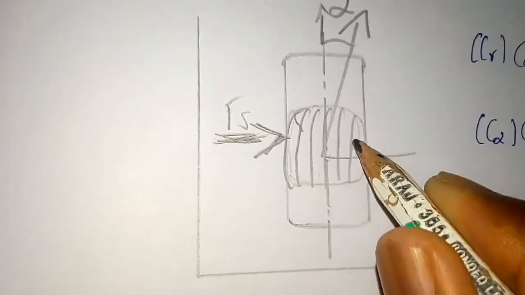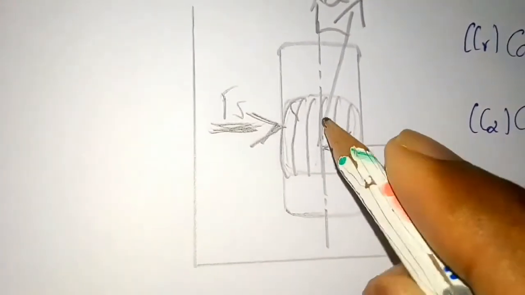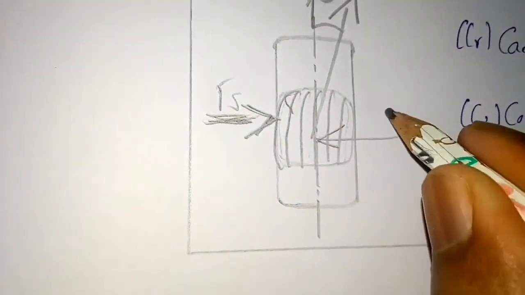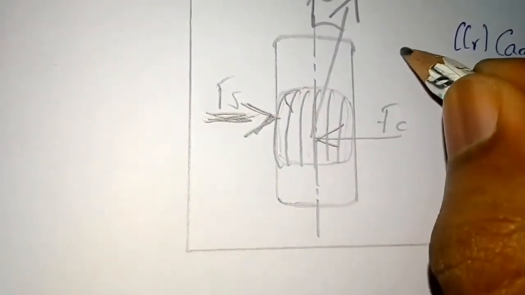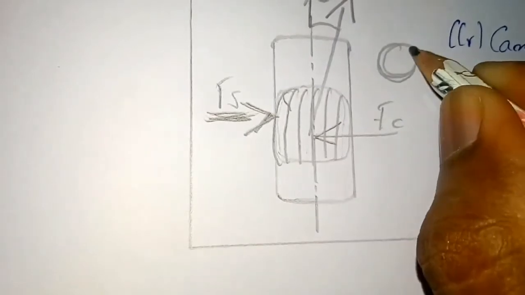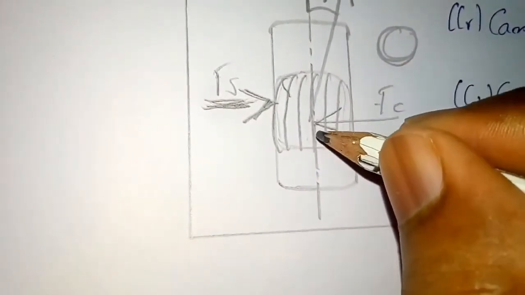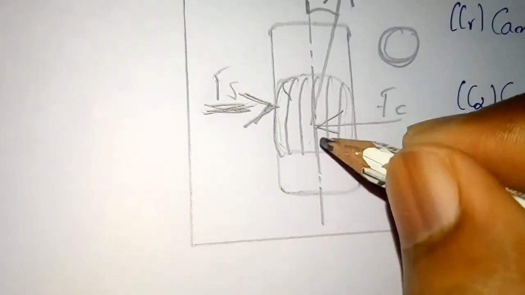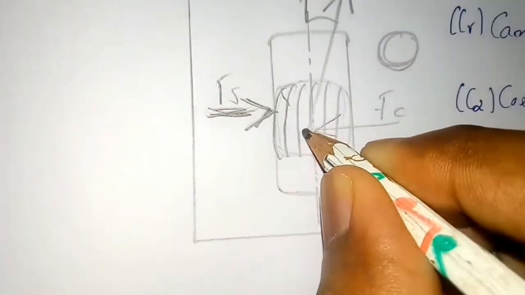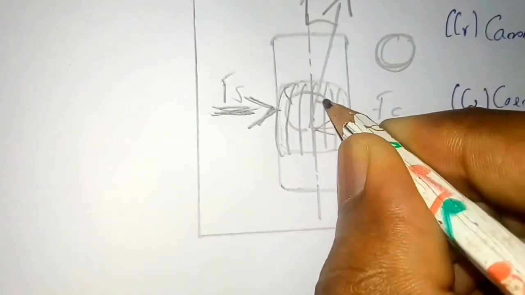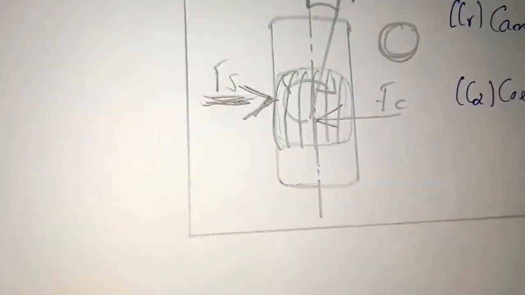So there will be an offset between the side force Fs and the cornering force Fc, and the offset between these two is called the pneumatic trail. This offset will lead to a self-aligning torque, which will help to retain the position after steering.